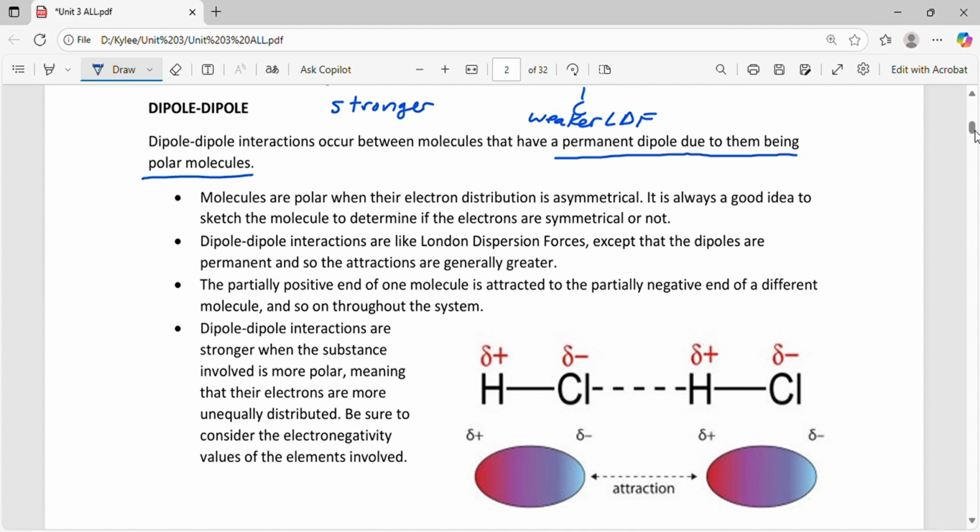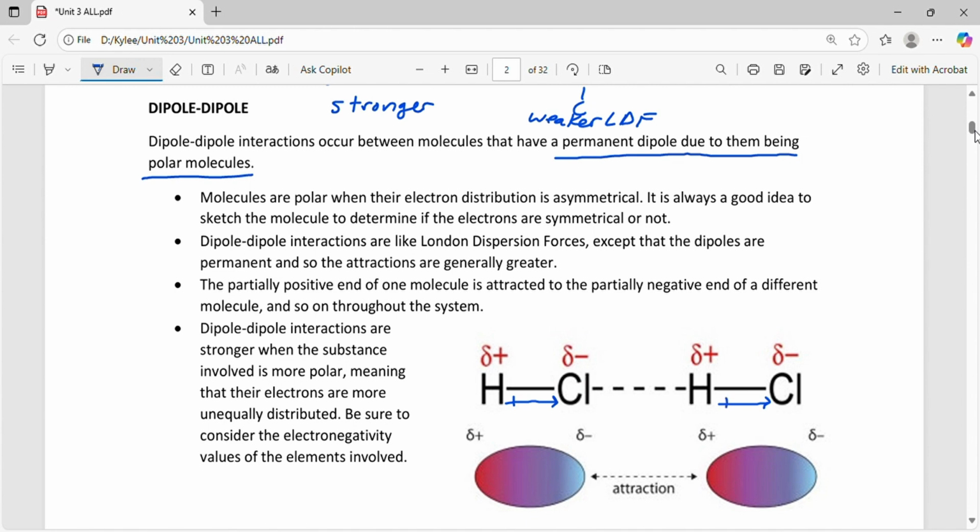And we see this example here with the hydrochloric acid. Chlorine is more electronegative, so the electrons are going to be pulled more towards chlorine. And that's why chlorine is the negative and hydrogen is the positive. If I have a second hydrochloric acid molecule, again, chlorine is more electronegative. It's going to pull the electrons more towards its side.